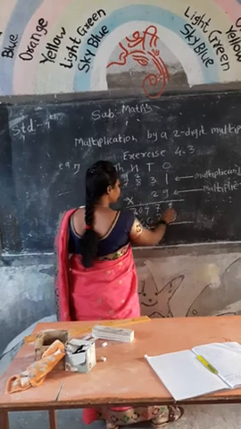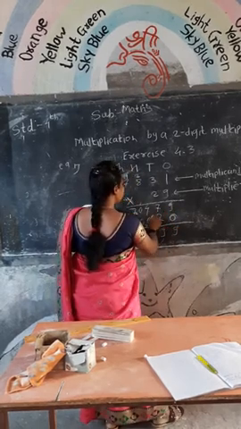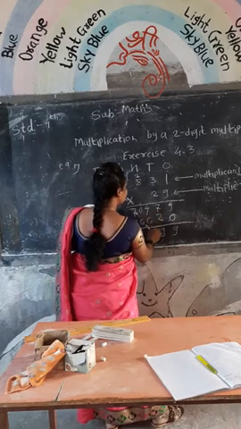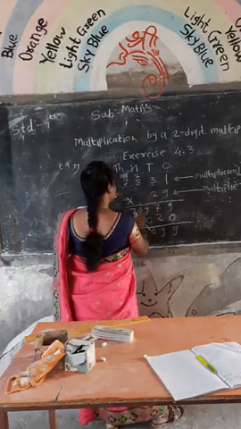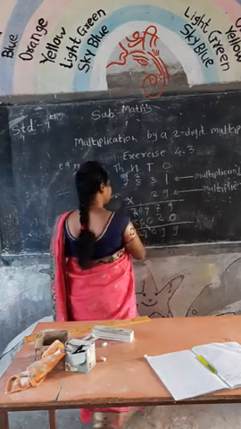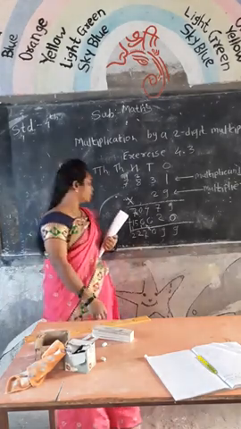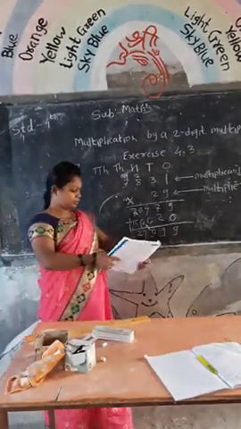Addition is 9 plus 0 is 9. 7 plus 2 is 9. 6 plus 4 is 10. Carry 1. 6 plus 1 is 7. 7 plus 5 is 12. 1 plus 1 is 2. 227,099. This is the multiplication.